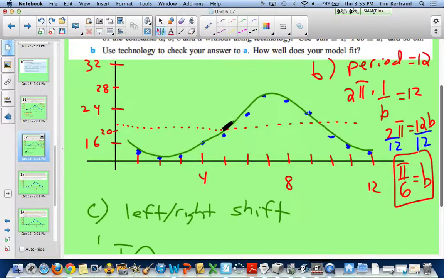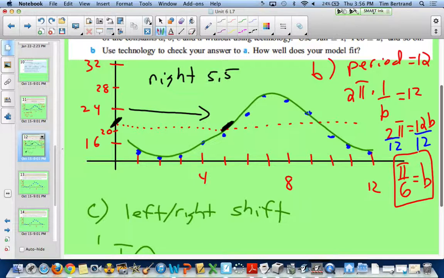Right there, I cross the median line and I'm increasing. Normally we would expect that to be over here at 0. So I can see my graph has shifted to the right, and it looks to be about maybe 5.5 units or something like that.